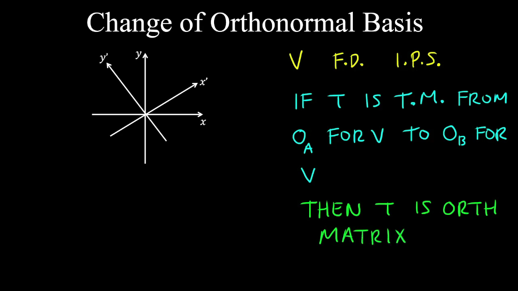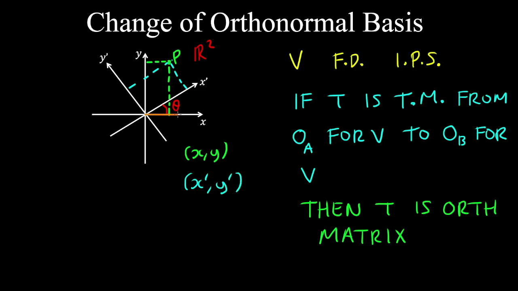So for example, if we obtain an orthonormal basis by rotating the xy axis by an angle theta in 2 space, then every point in 2 space, so for example point P, will have coordinates relative to the old basis. So these would be x and y, and also relative to the new basis, which will be x dash, y dash.